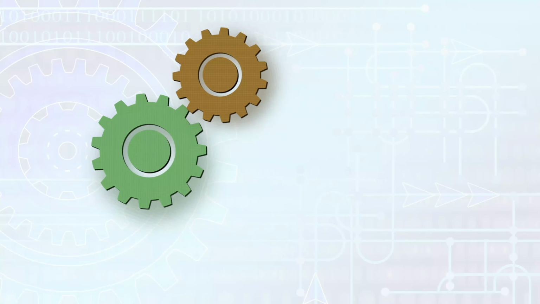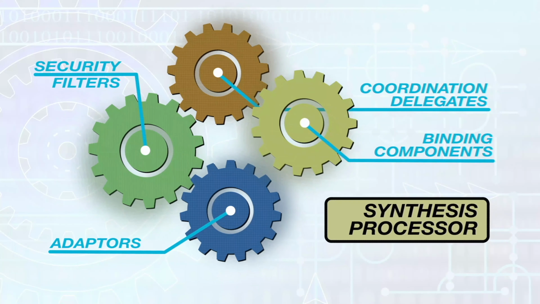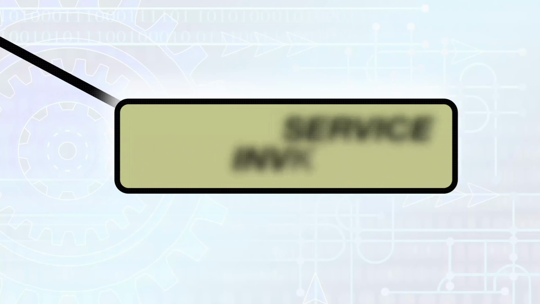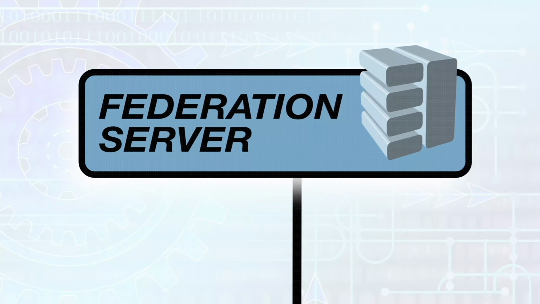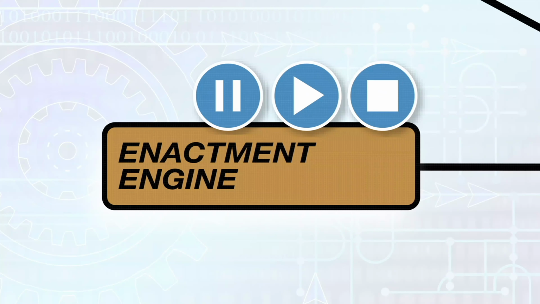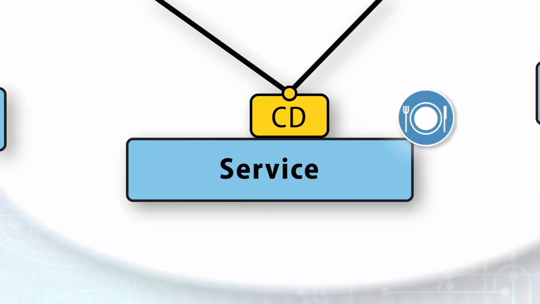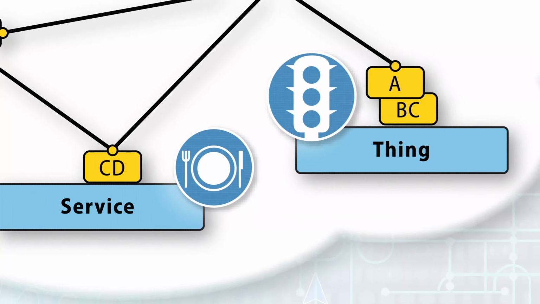CHOReVOLUTION automatically synthesizes the software artifacts that make possible the distributed execution of the applications. Generation, deployment, and secure execution of the distributed applications are supported by the CHOReVOLUTION backend. The application runs on a distributed cloud that scales automatically without having to over-provision computing resources.